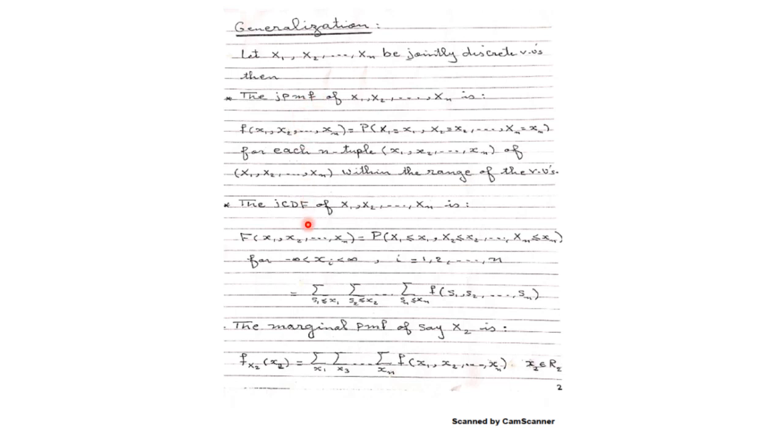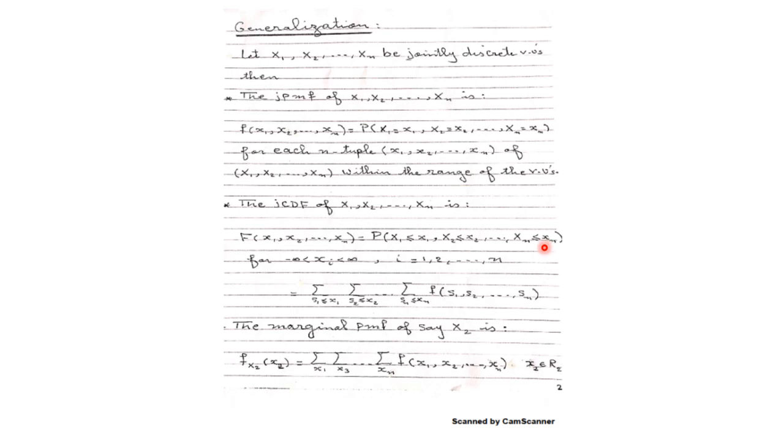What's the joint cumulative distribution function, which we call capital F? So capital F(x1, x2, up to xn) will also be a probability, the probability that X1 is less than or equal to little x1, and the random variable X2 is less than or equal to little x2, and so on up to capital Xn less than or equal to xn.